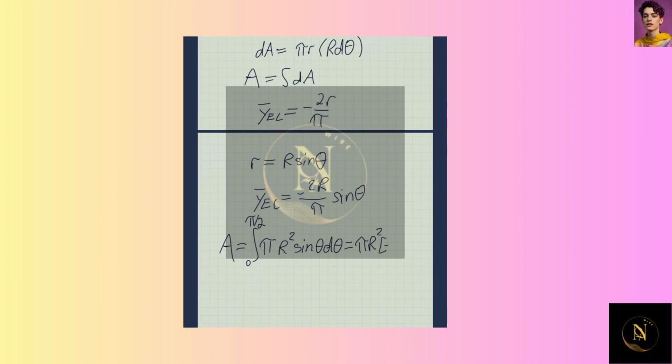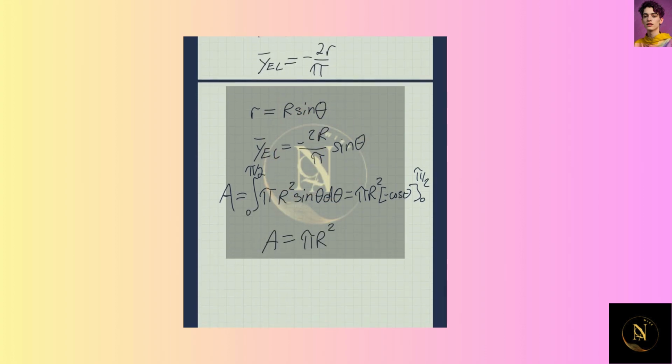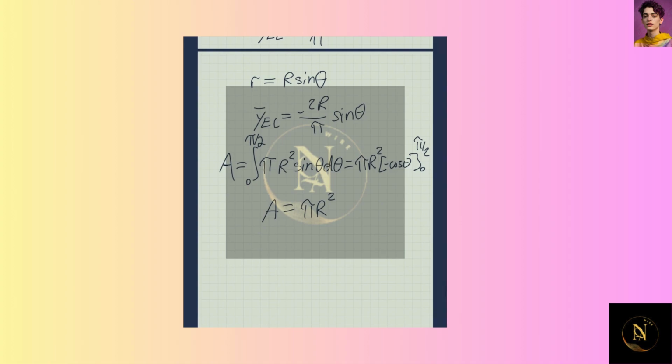So it's pi R squared sine theta d theta. And solving the integral, we get that it's equal to pi capital R squared times negative cosine of theta from 0 to pi over 2, making our area equal to pi capital R squared.